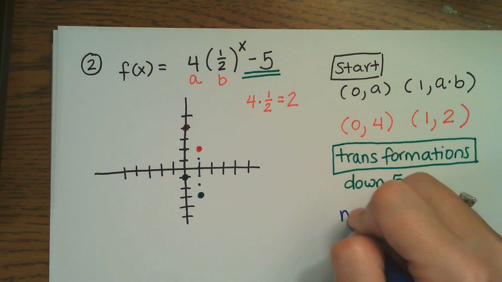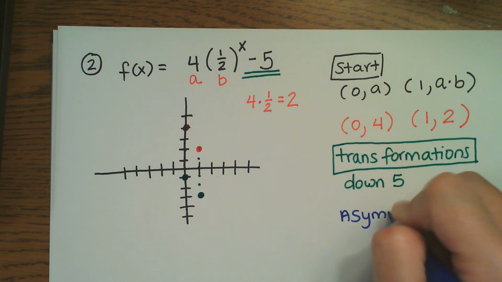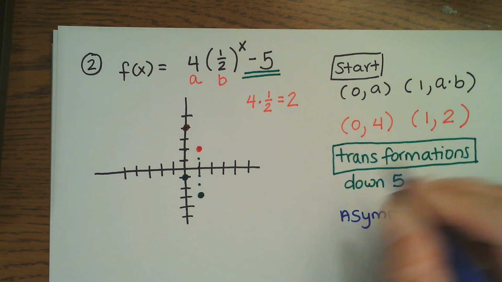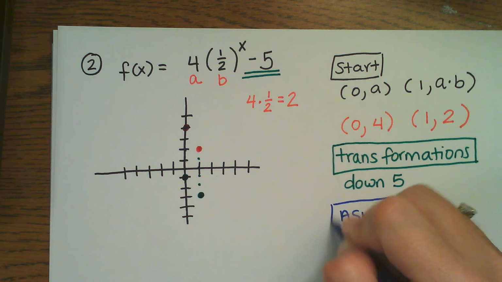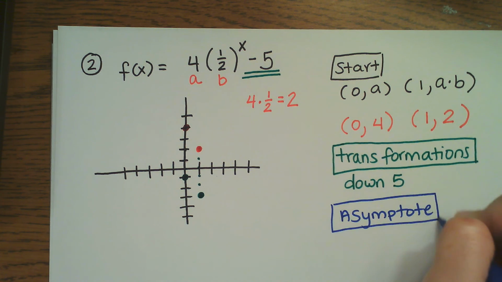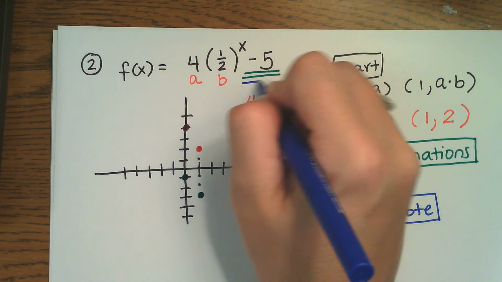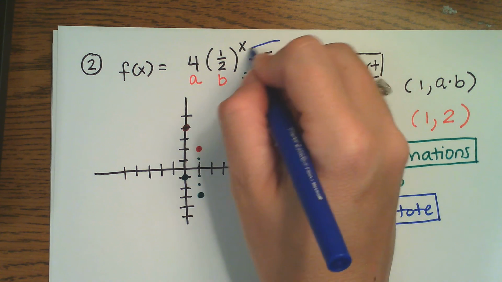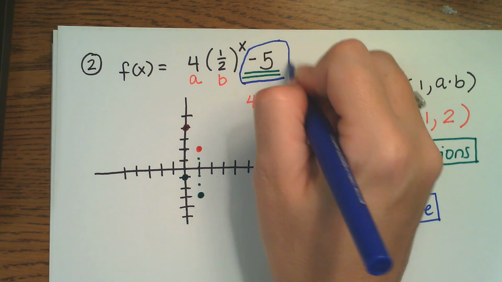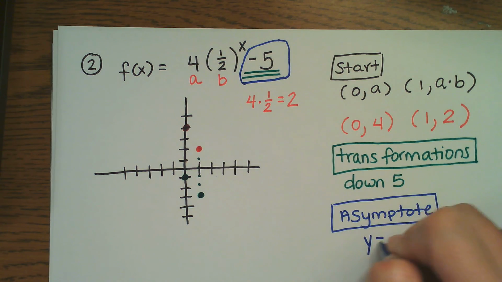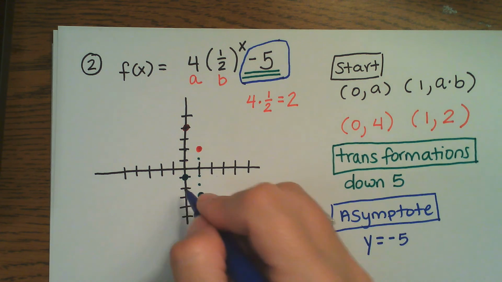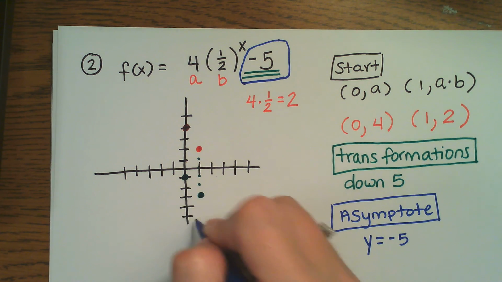I also need to plot the asymptote, which is y equals this last number back here. So 1, 2, 3, 4, 5.